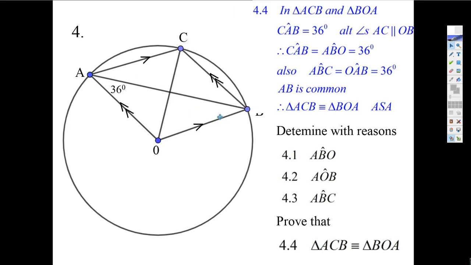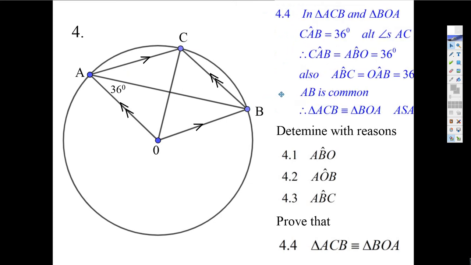It must equal ABO that we learned before, because of alternate angles, because AC is parallel to OB. This angle here alternates with this angle up here, angle CAB right there.